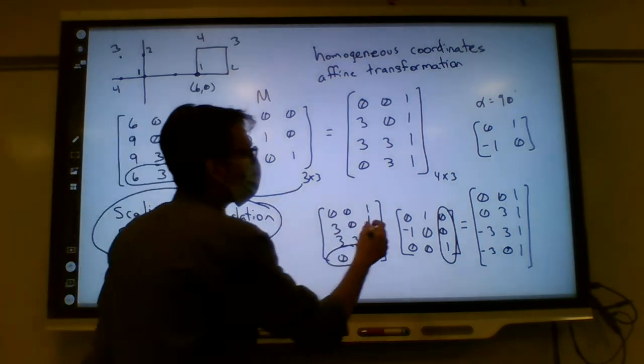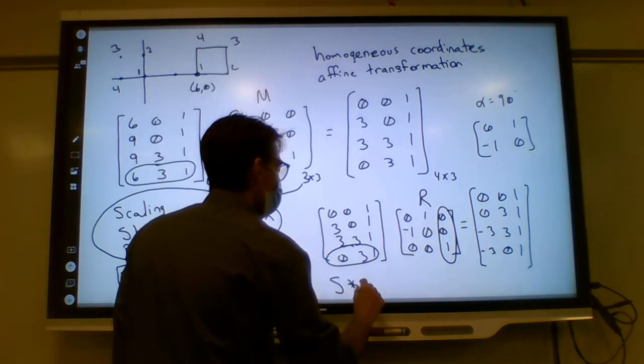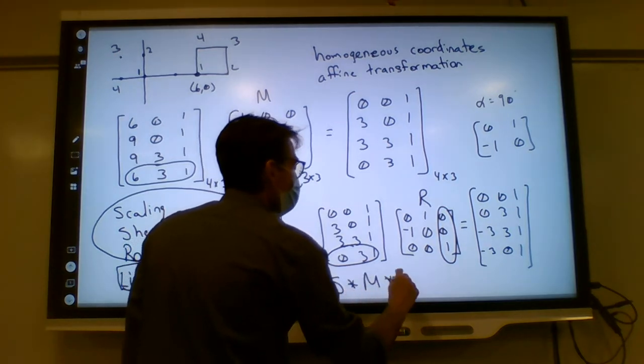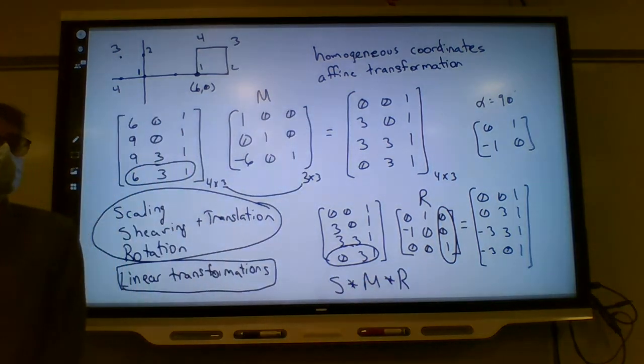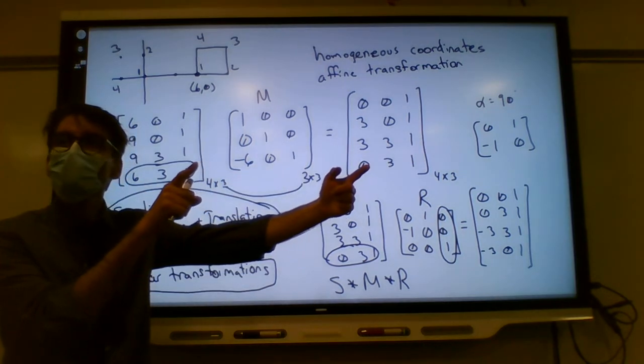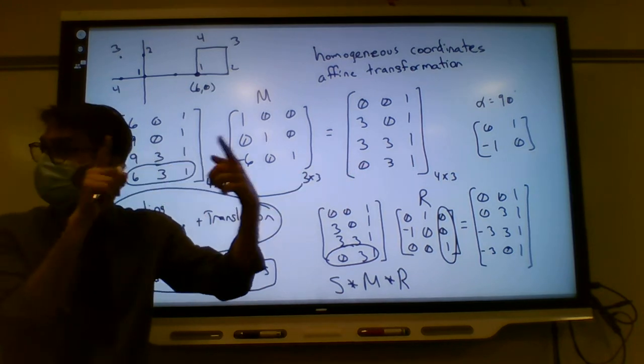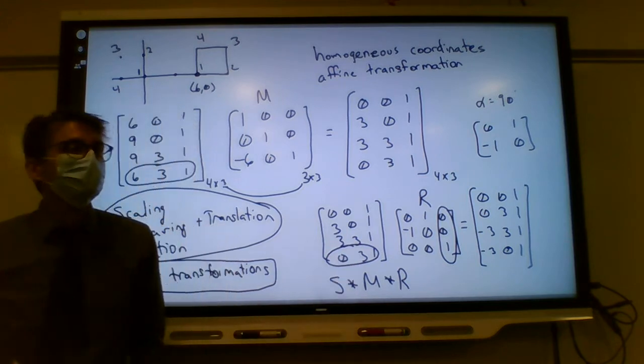So we did a movement, and we've done a rotation. So we started with our shape, multiplied by a movement, multiplied by a rotation matrix. Now what do we need to do? How do we move it back? So we need to multiply by what matrix?